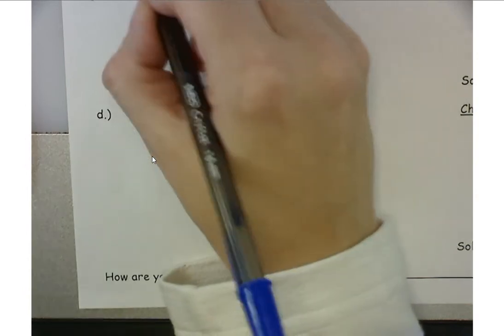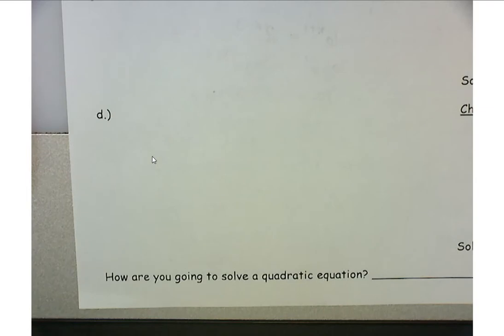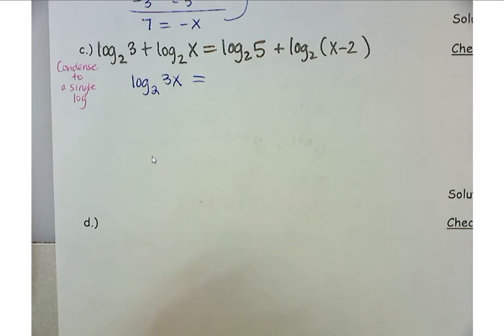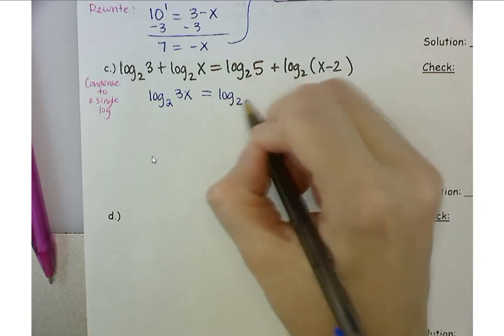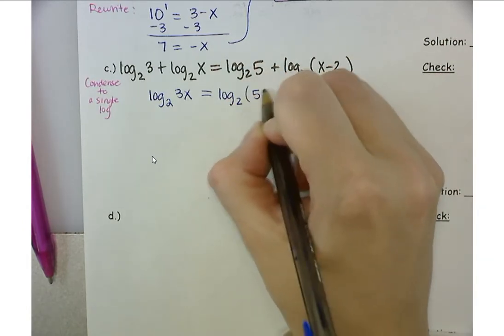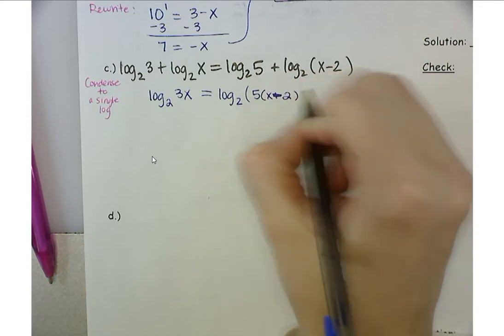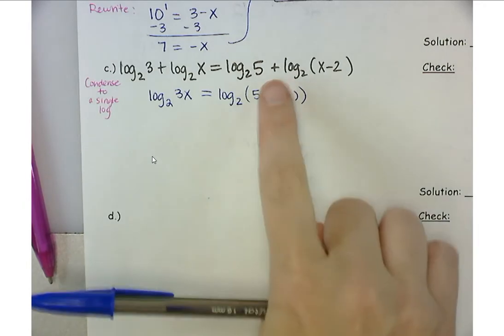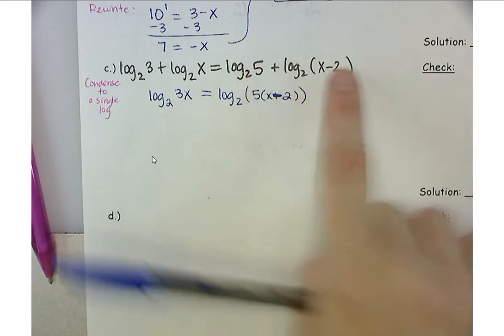Yep, so 3 times x, so it'll be 3x here. Okay, and then Reese, can you tell me what I have on this side? Yep, so it'll be log base 2 of 5 times, oops, sorry, not plus, x minus 2. Okay, so again, on this side, it was the product rule, right? So you're going to be multiplying those together.